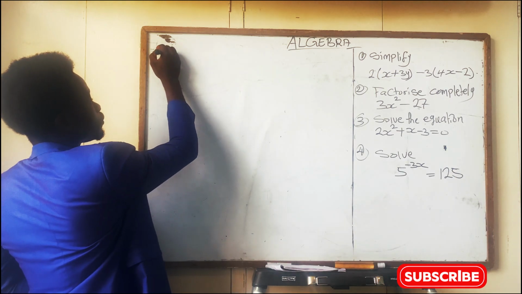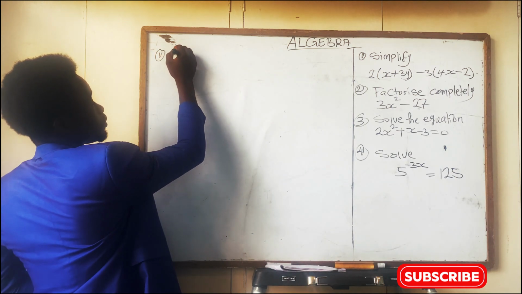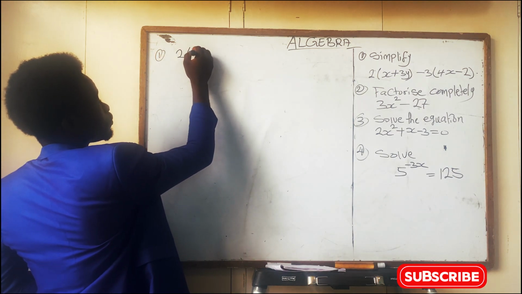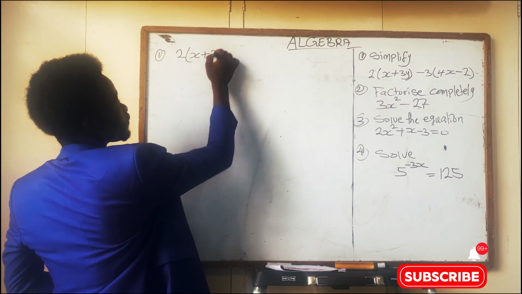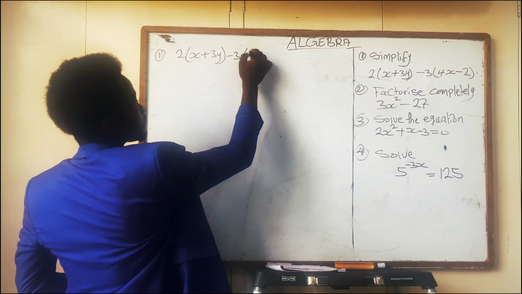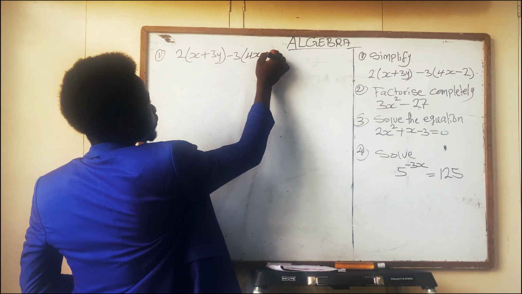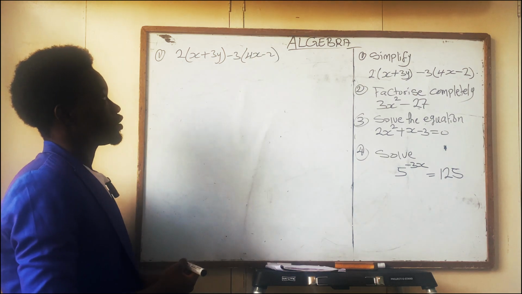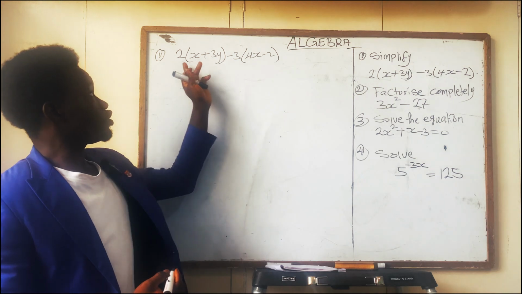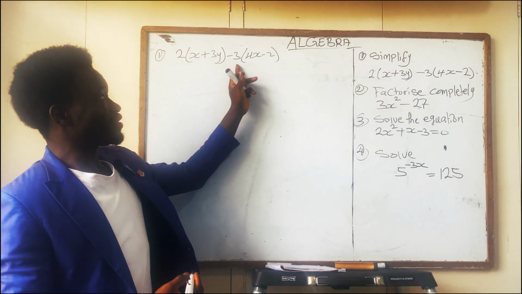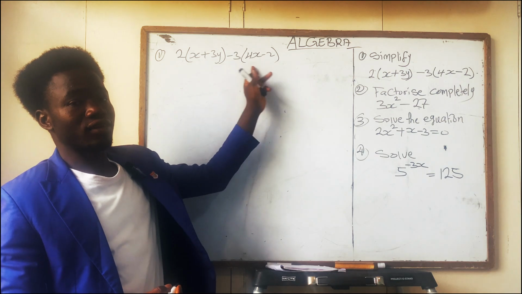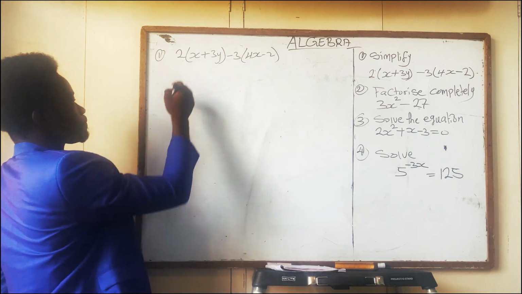So we have the first question: 2(x + 3y) minus 3(4x minus 2). So you expand this bracket. The 2 here is multiplying by whatever is inside the bracket. The 3 here is multiplying by whatever is inside the bracket. So we do that.